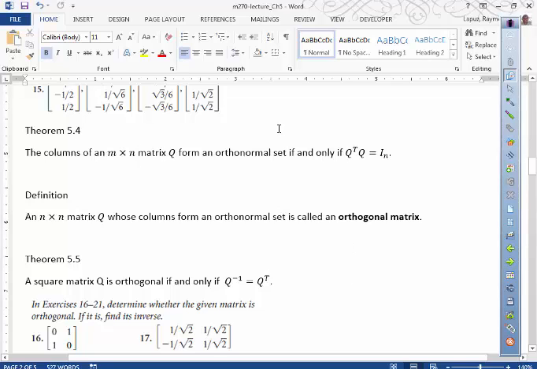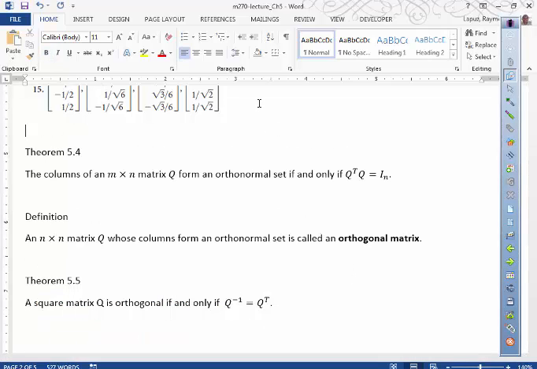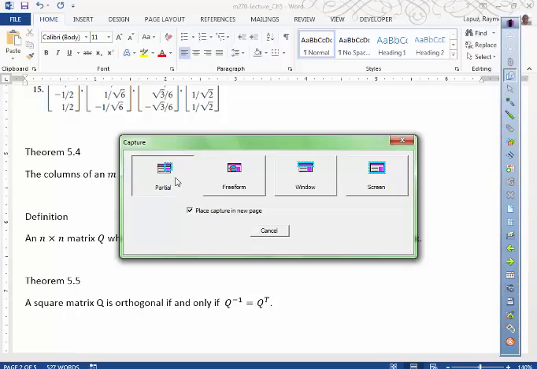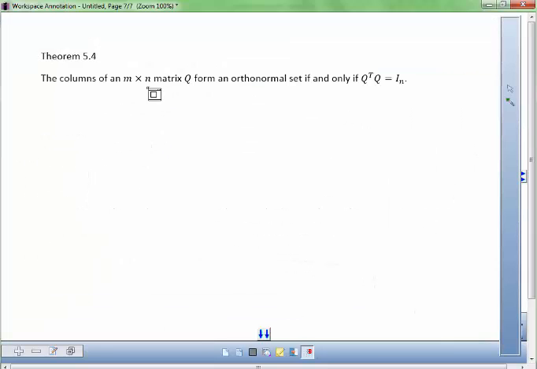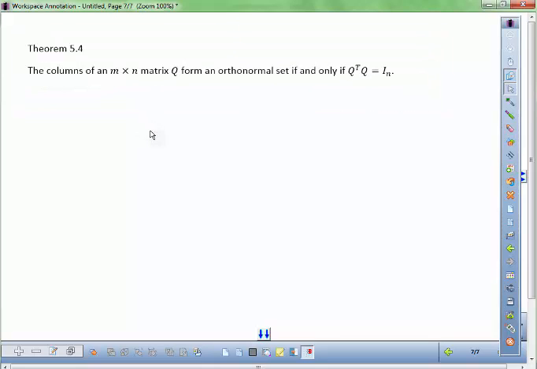Okay. So now let's turn to how these vectors relate to matrices. After all, we have been talking about matrices, right? So they must be important. All right, first theorem.